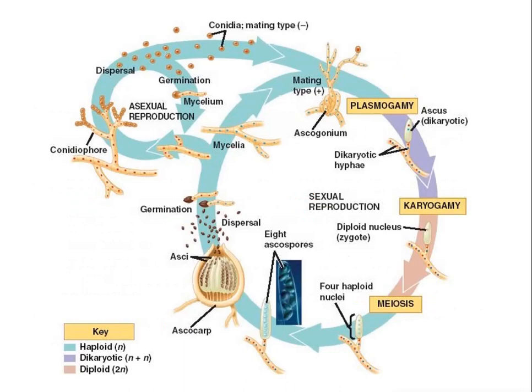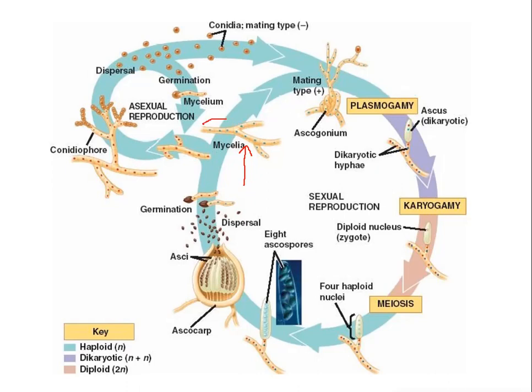Look here. The life cycle of fungi in the phylum Ascomycota. First I want you again to focus on the mycelia. Look at the mycelia. What classification of the hyphae is this for phylum Ascomycota?